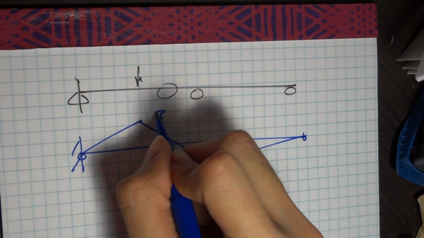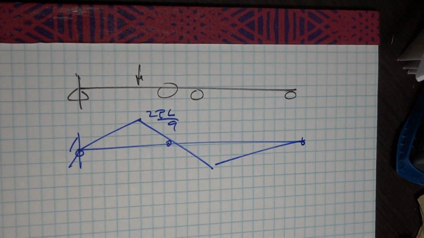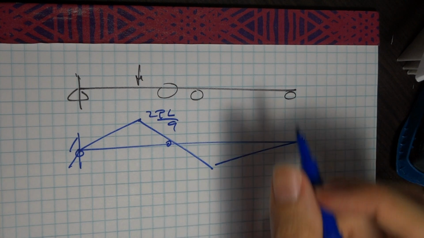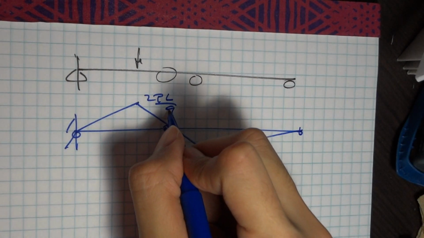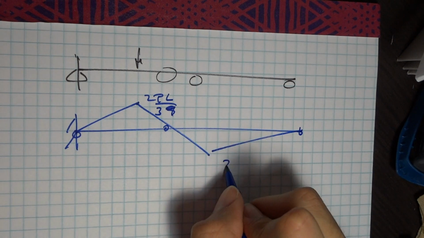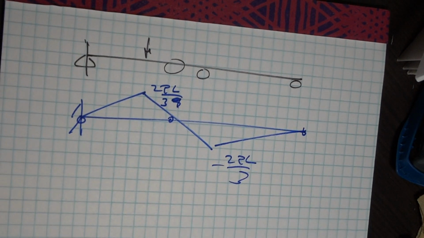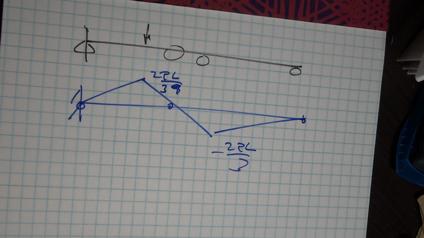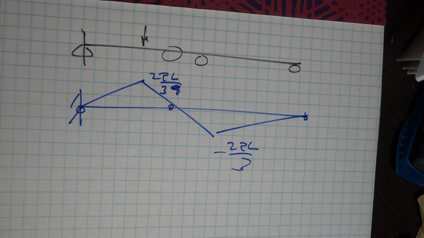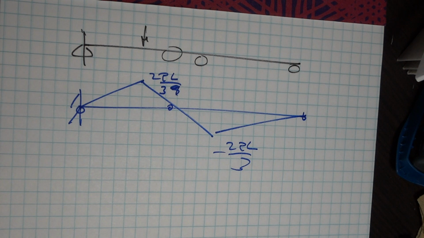And over here is 2PL on 9. Sorry, this is 2PL on 3. It's not that I can do it extremely quickly, it's just that I have it finished already. So that is my moment diagram.